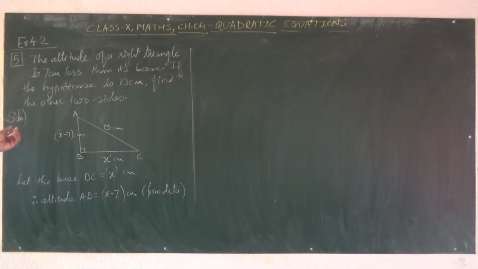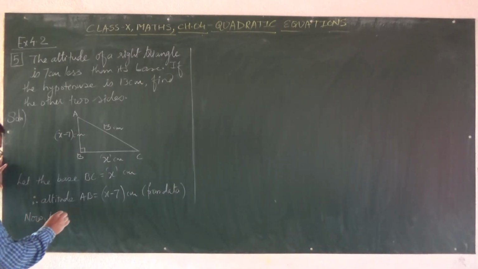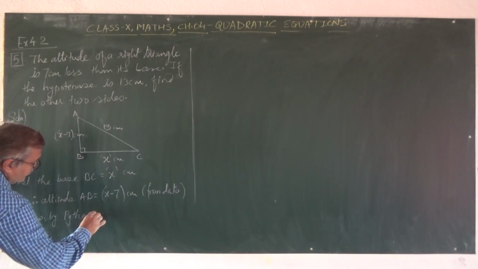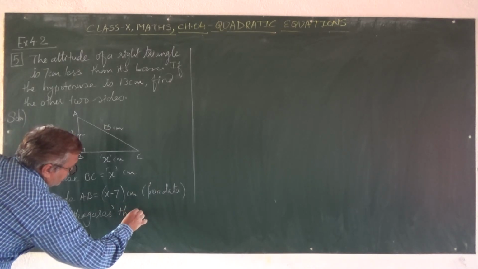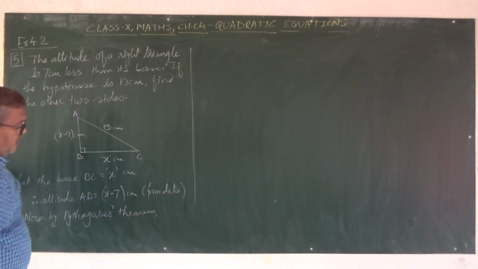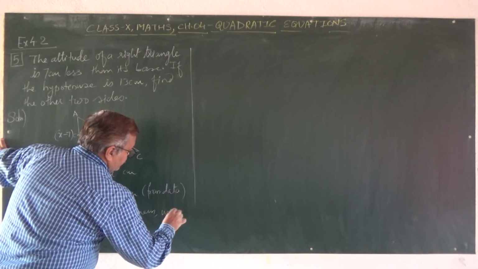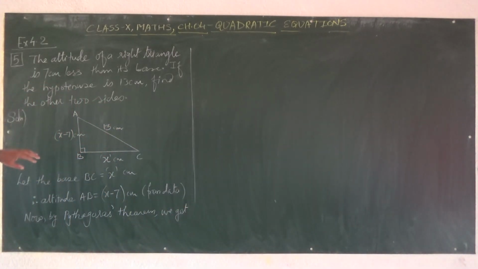Now, by Pythagoras theorem, it is a right angle triangle, so we can apply Pythagoras theorem.